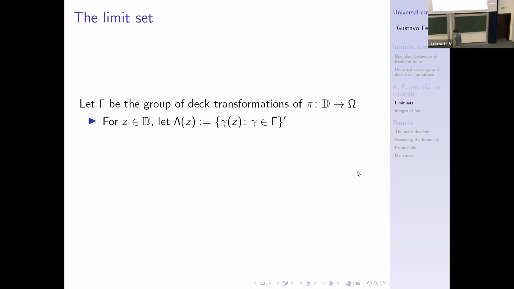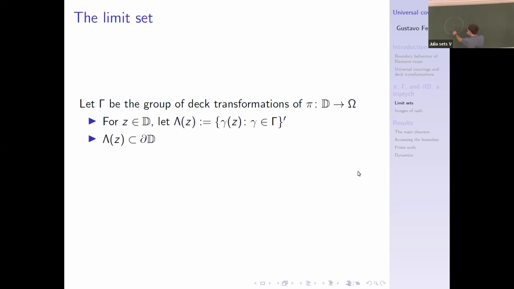Right? So basically, I can take, let's say, 0, and then I start applying my deck transformations, and I'm going to get a bunch of points here. But because the action of the deck transformations is free and properly discontinuous, the only accumulation points of this thing are going to be on the unit circle, right?